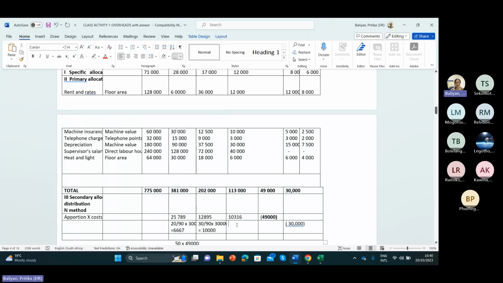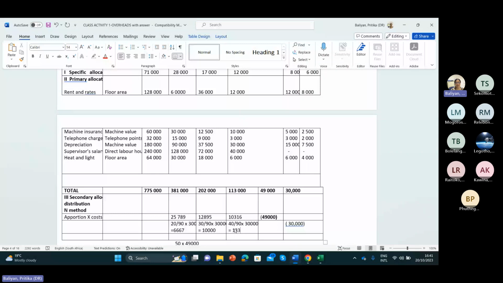And 40% will go to 40 over 90. 40 over 90 times 30,000 because the service department Y cost was 30,000. So it will give you 13,333.33.